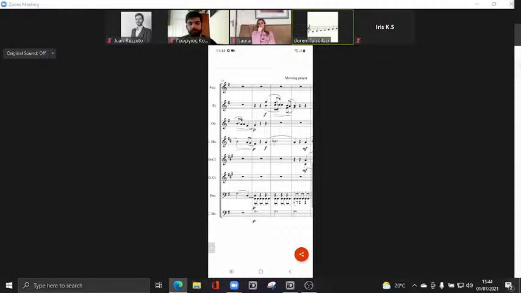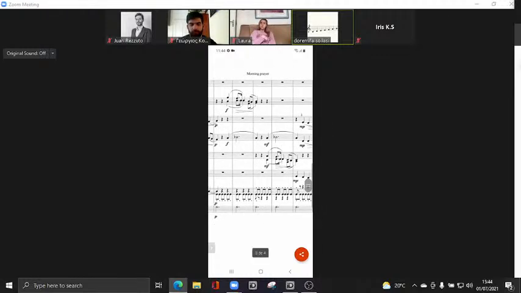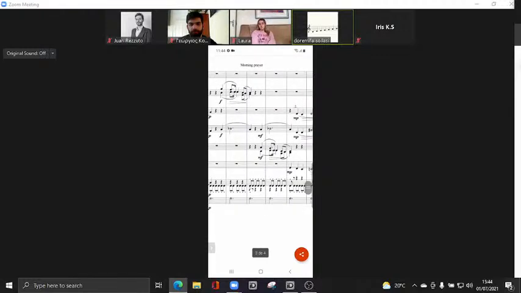And then it was the same musical idea, one octave lower. I cannot do it with the flutes again because the register of the flute doesn't allow me to do that one octave lower. So there I use the clarinets doing the same.